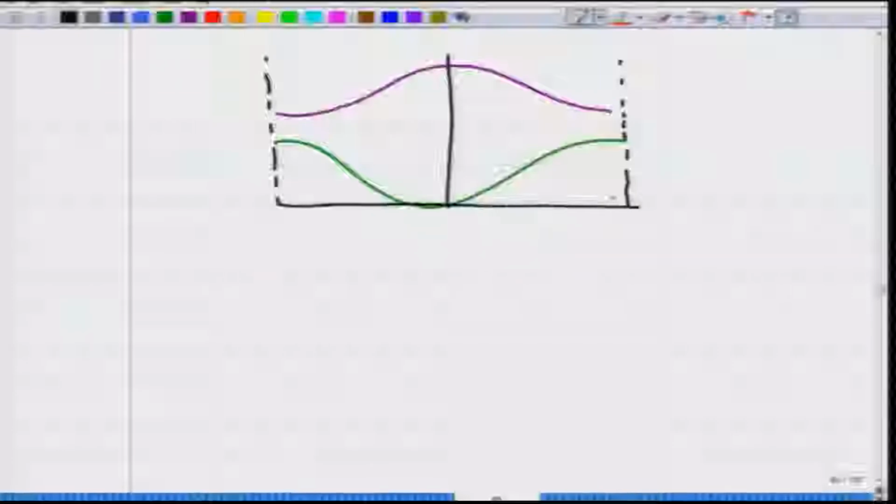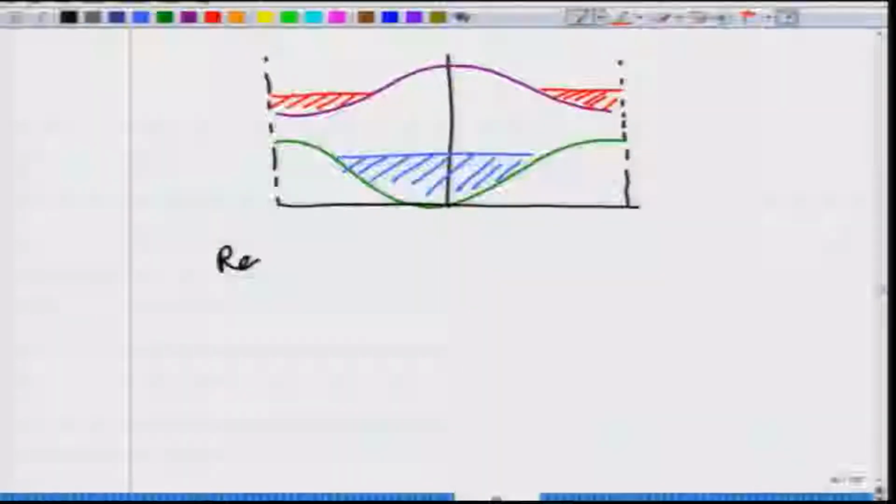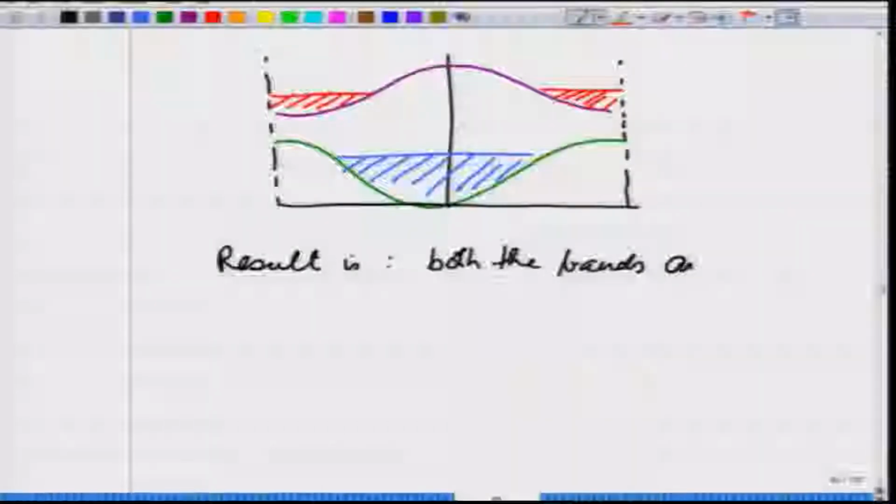And what I have shown is that this band is filled partially, some of these electrons have moved up. So, when they are thermally excited, the result is both the bands are partially filled. And we have discussed earlier that if I have partially filled bands, they conduct.